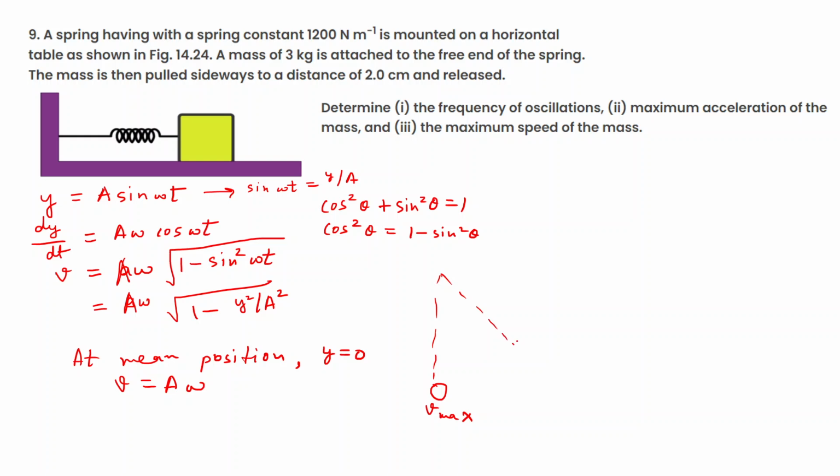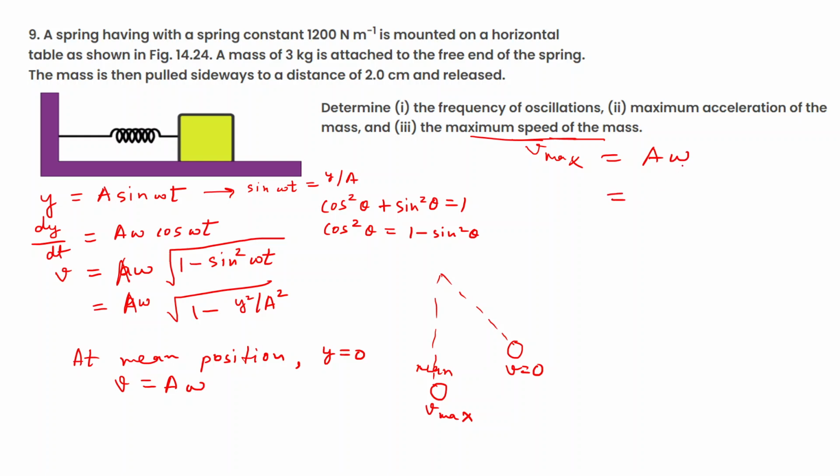At extreme position velocity becomes 0, and at mean position velocity is maximum and displacement is 0, so velocity is in this form, a times omega. A is the amplitude, omega is the angular frequency. So here we have been asked to calculate the maximum speed of the mass, meaning maximum velocity. So from this that we derived, we can directly use the formula a times omega.